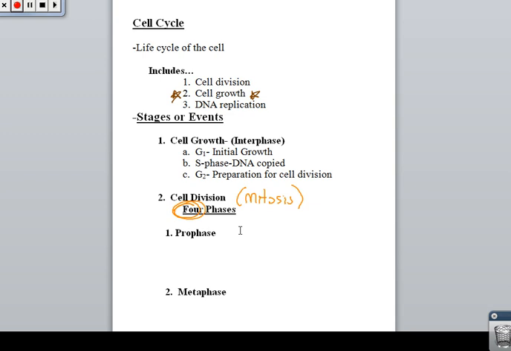The main thing to remember is that at the end, the new daughter cells have the right amount of DNA. So it's all about the DNA, these phases. It's all about the DNA.